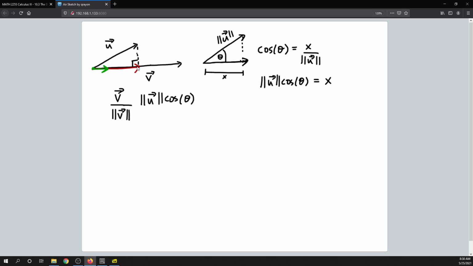It points in the direction v, and it has the same magnitude as the orthogonal projection that we got from trig. The magnitude will be the magnitude of u times the cosine of theta. So this expression that we have right here has the same magnitude and same direction as the orthogonal projection. So therefore, it is equal to the orthogonal projection, okay? And so this formula will do it.